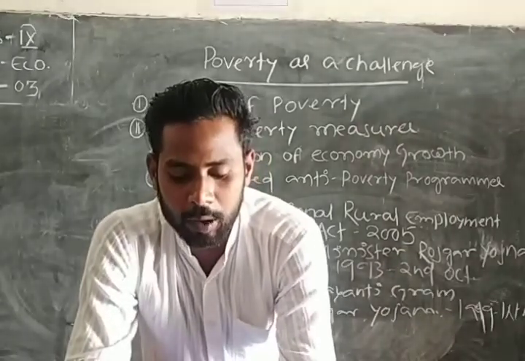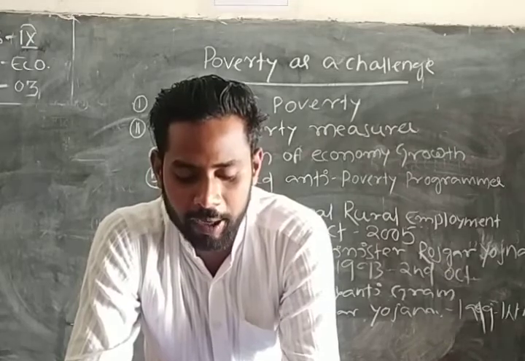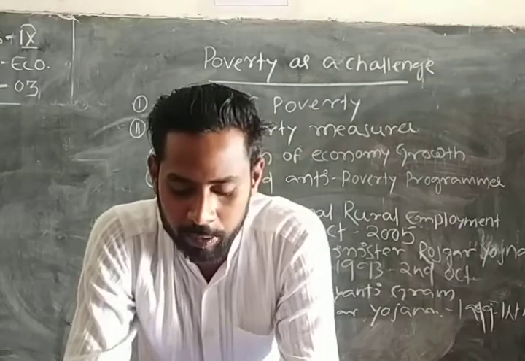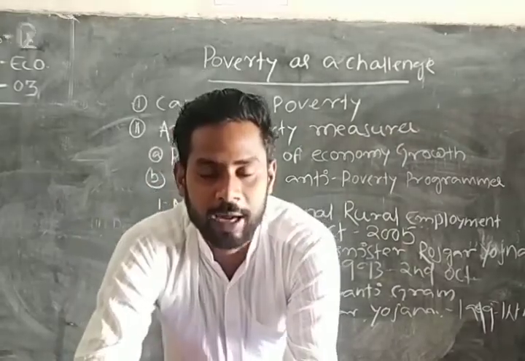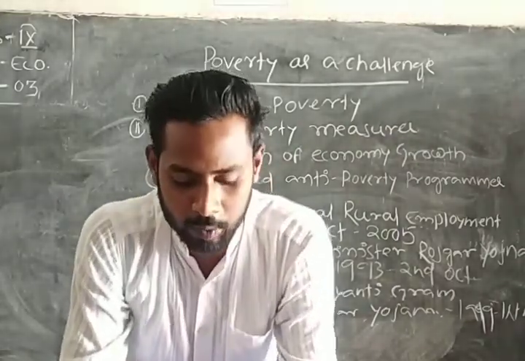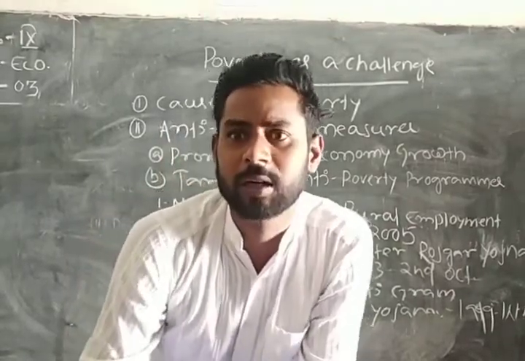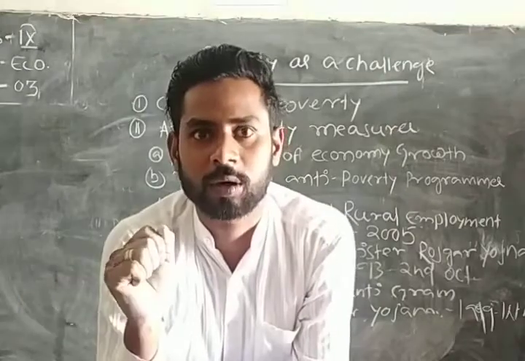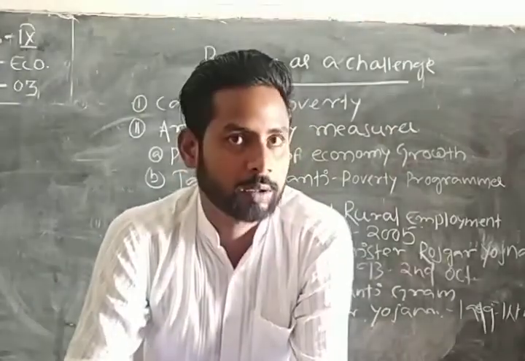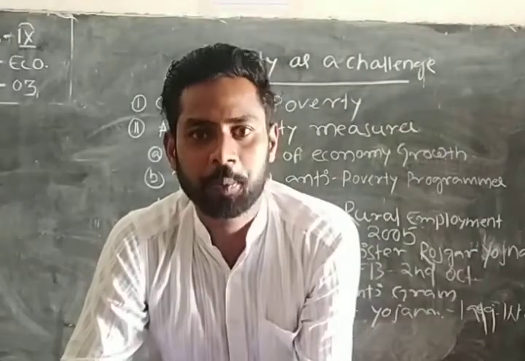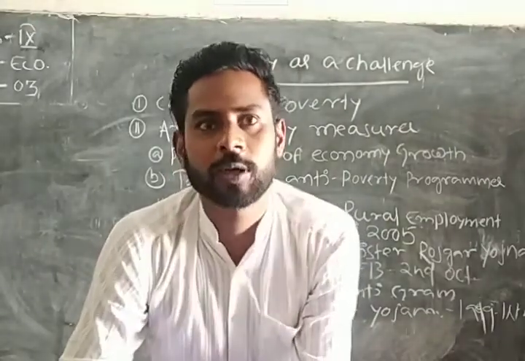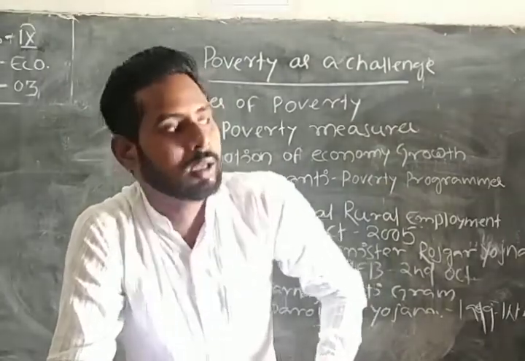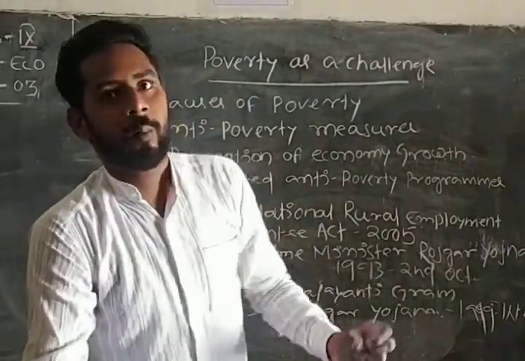The aim of the program is to provide wage employment and to create durable community, social and economic assets. It means the main aim of this program is to provide good wages, or equal salary, to the workers. Okay, so these are the important programs executed by the Indian government to prevent such problems like poverty.